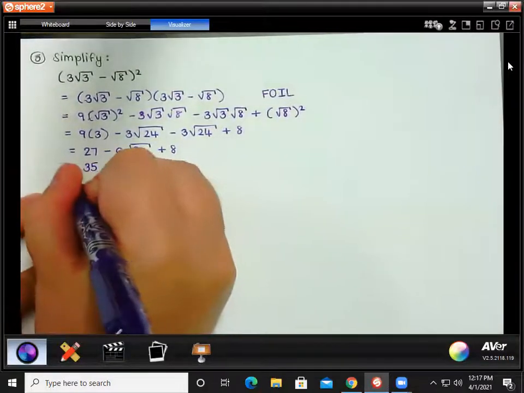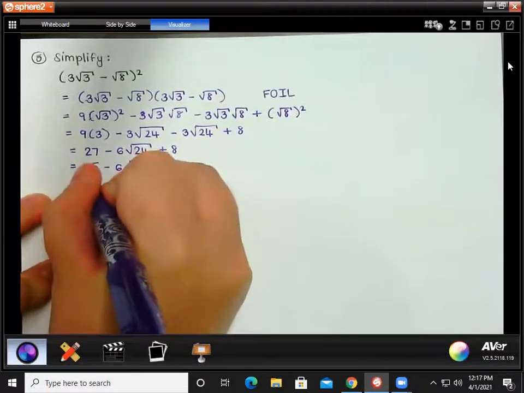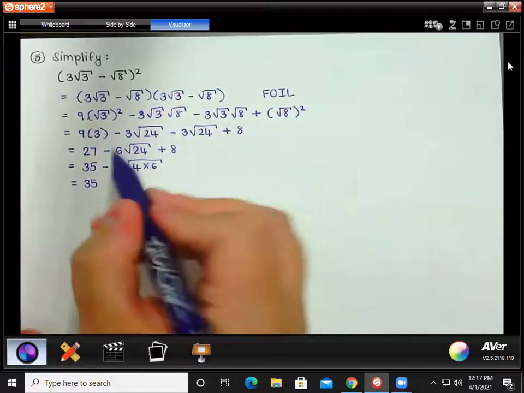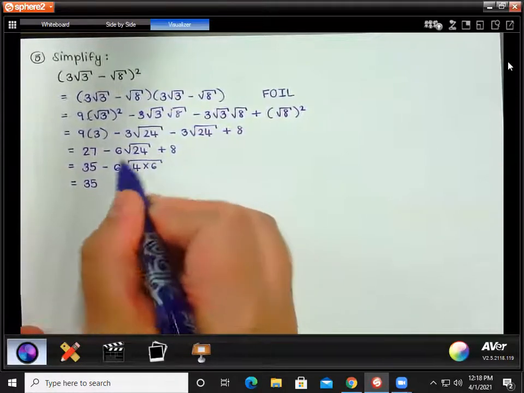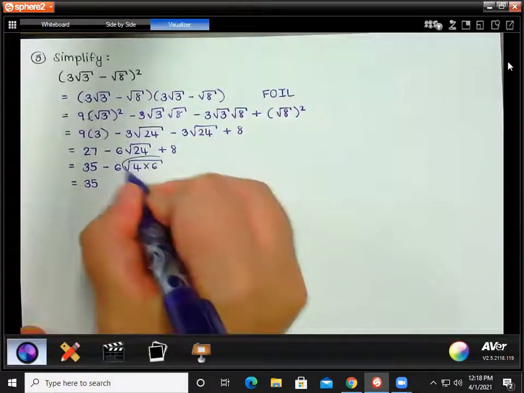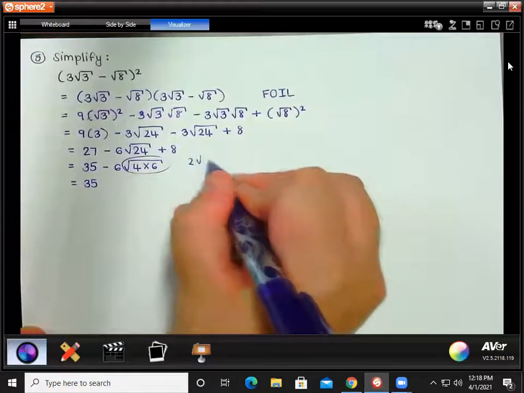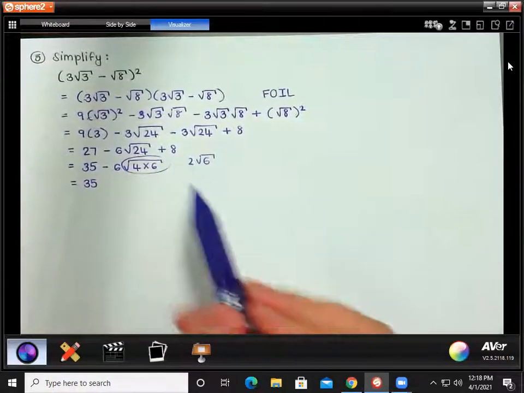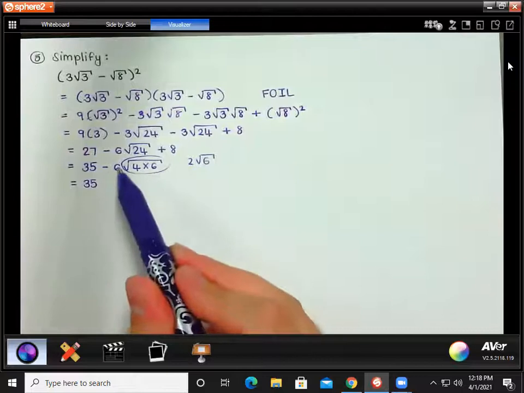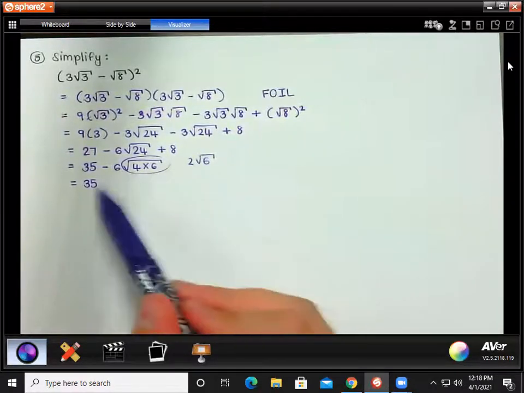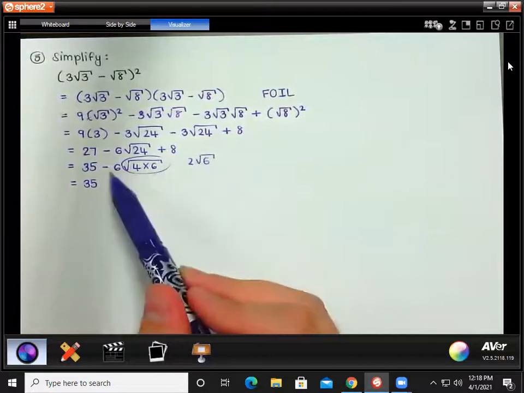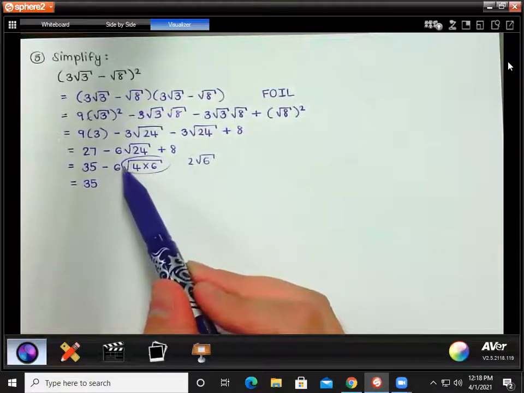So now we can finally start getting to our answer. What is the square root of 4? 2. So this whole surd is 2 root 6. But guys, we already have a 6 there in front of that root. So what am I going to have to do with that 6 and that 2? I'm going to have to multiply them together, hey? Otherwise, I must write 6 times 2 in front.